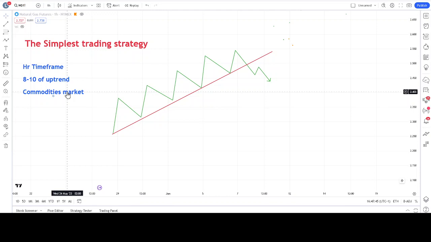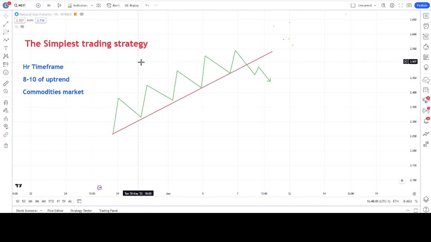So it's best to use this strategy on a commodity. You can use natural gas, or oil markets, or any metal commodities, or even something like wheat, or whatever. But I think it's preferred on a commodity instrument.